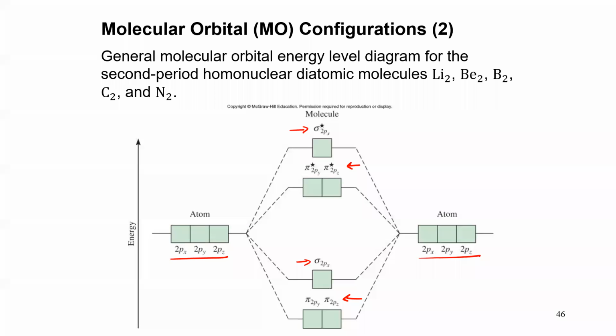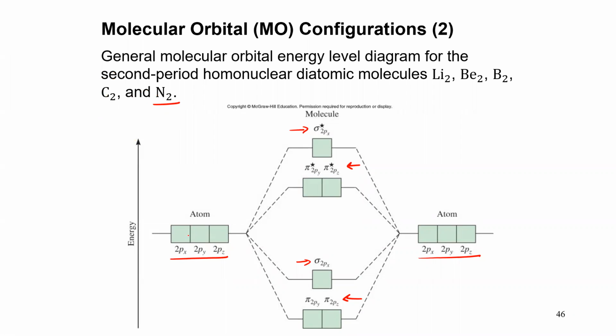All right. So the next slide shows us. So let's do, for example, N2. Right? C2 we haven't really talked about, and there's not a lot of evidence for it to exist. Carbon is not one of our diatomic elements, but nitrogen is.